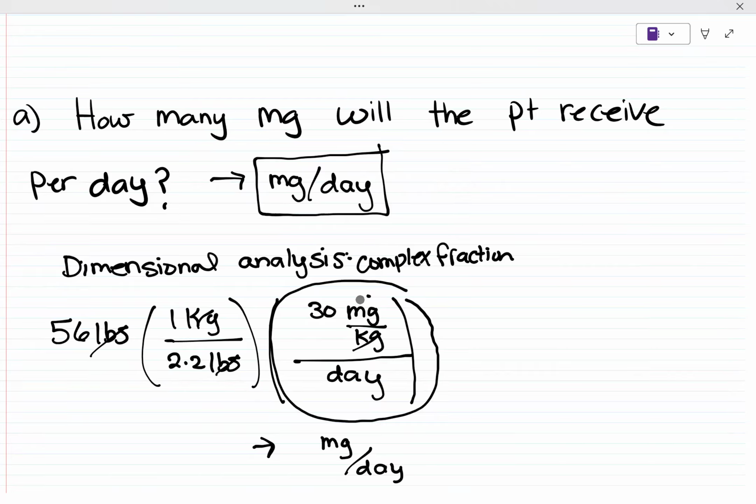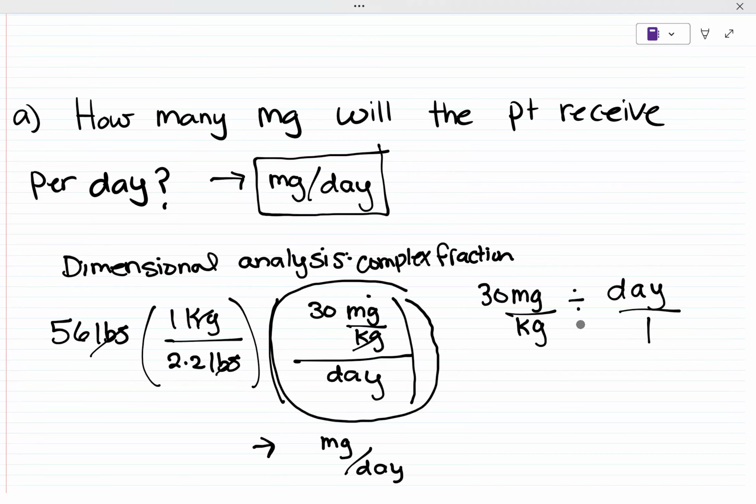But if you really want to see it, you can simplify this. It would be 30 mg per kilogram and then divided by day over 1. Sometimes you can see that the kilograms disappear and the pounds disappear and you're left with mg.